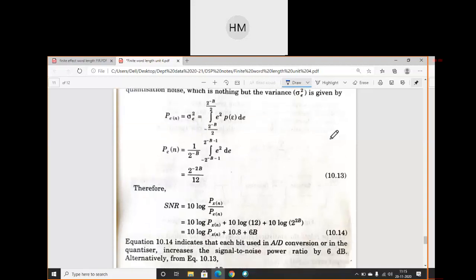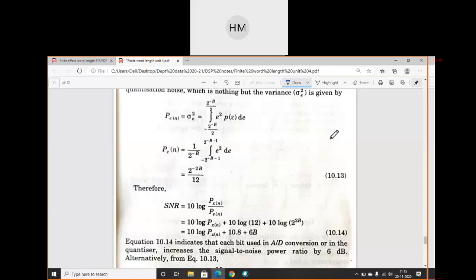So now SNR equation is given by 10 log Px of n upon Pe of n. And this can be written as, Pe of n को मैंने substitute कर दिया है. Got the equation?